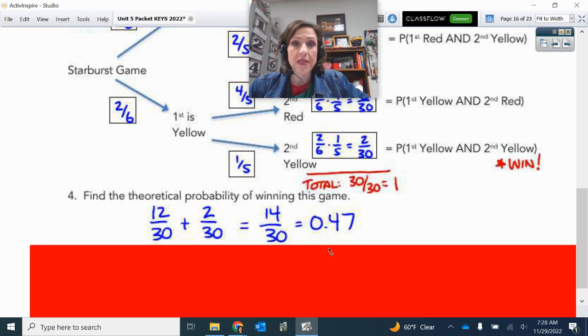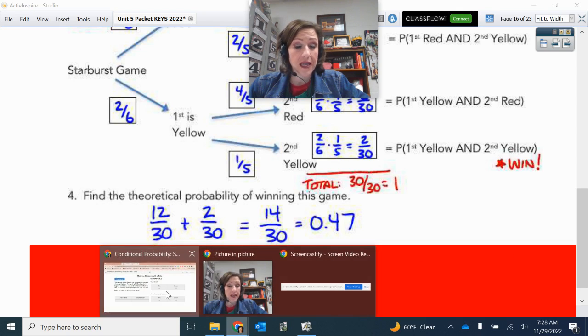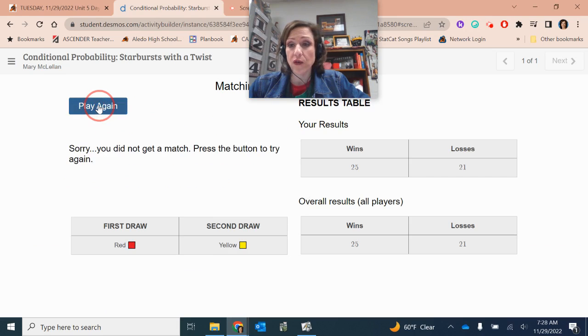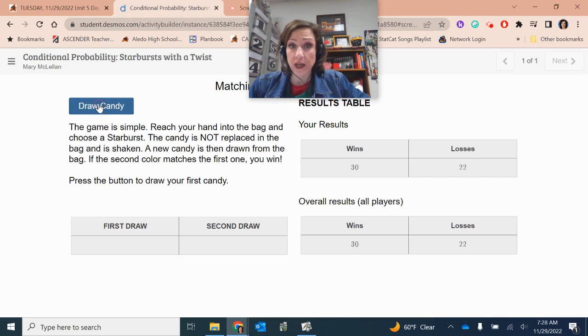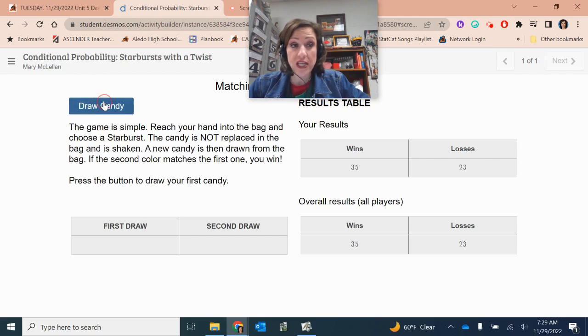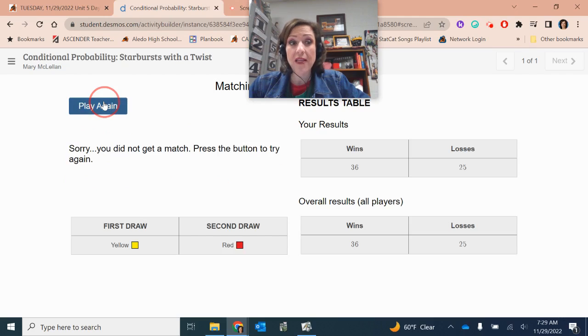So look at that. That is theoretically, in the long run, if we played this game a whole lot. So if I came in here and I kept playing this game over and over and over again, then it should approach and get closer to that theoretical probability.